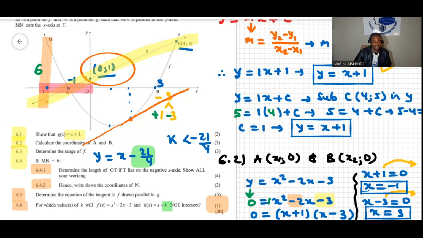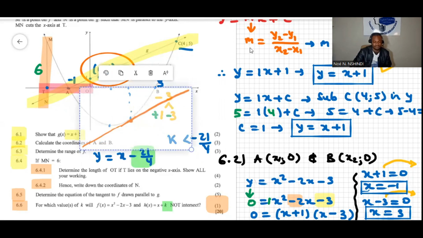So if k is lesser than negative 21 over 4, this line will go a little bit down this way, you see, and then the two graphs will never meet. Okay, thank you.